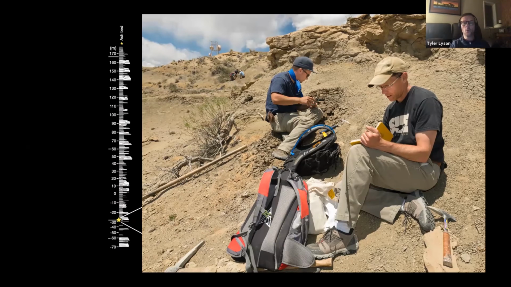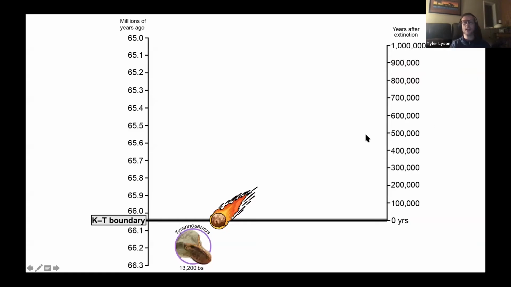And with their work, we were able to determine that we had the first 1 million years after the mass extinction. So we dubbed this year zero, because this giant asteroid here is the biologic reset button. Again, the single worst day for life on Earth. It completely changes the course of life. And so we had the first 1 million years.